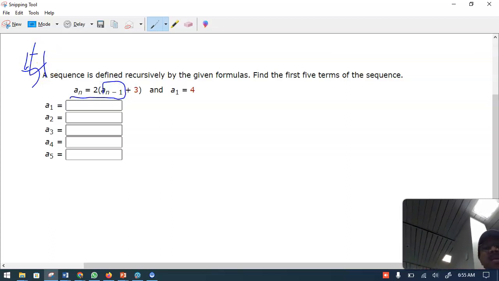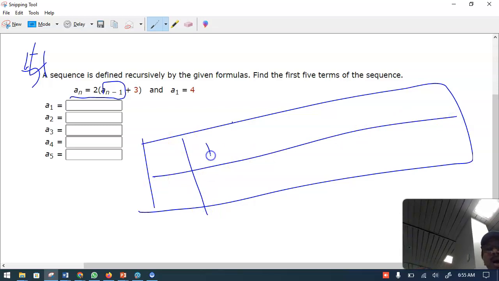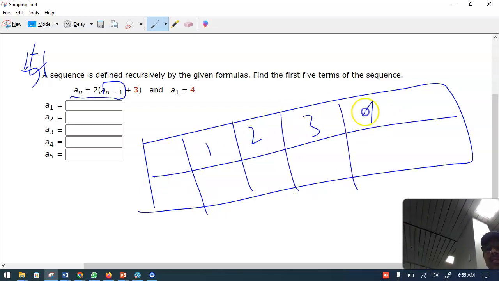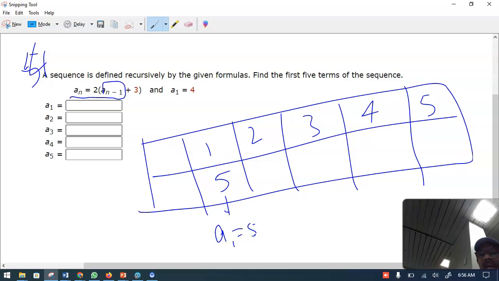Now what this basically means is, if the terms of the sequence are like 1, 2, and 3, and 4, and 5. So recursive formula means if you know the first one, and suppose this is A1, so A1 is 5, and recursive formula says any term is you add 5 to the previous one.